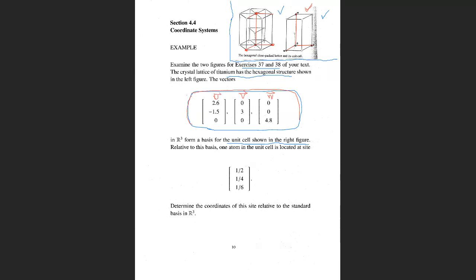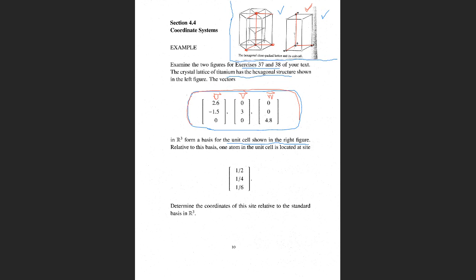Are there any questions on that? Well, since the cell is constructed the way it's constructed, it could be very convenient to use vectors that are on the lattice, on the unit cell. So u, v, and w form the boundaries of the cell.